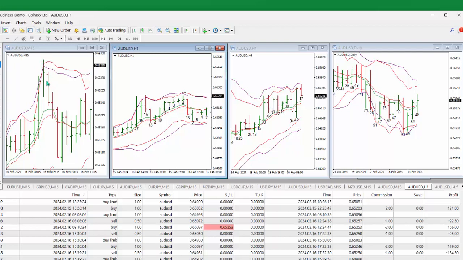And then as the price comes back into the range where it should be trading, you would want to watch and manage that trade, okay?